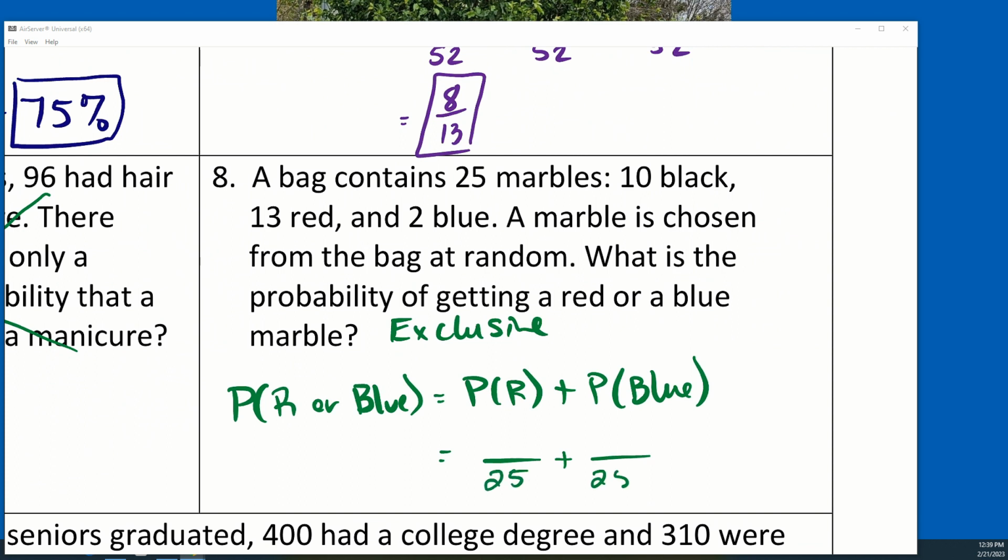Good job. All right, so once you do that, the top is just going to be how many red there are. Okay. And how many blue. All right. So when you add that, it's 15/25, which I'm fine with being your answer. On a multiple choice test, though, more than likely it'll be reduced down to 3/5.